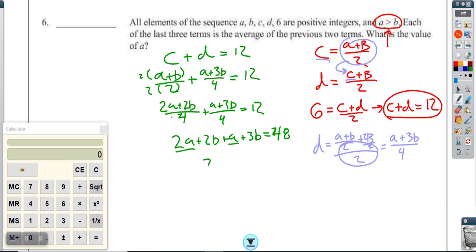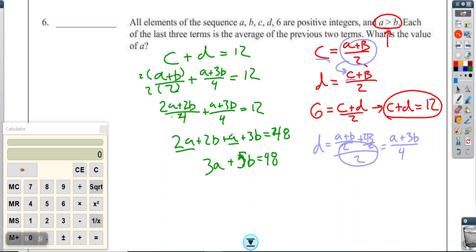So I have 3A plus 5B, that is the world's ugliest 5, is equal to 48. All right, so now we're looking for A and B values that would equal 48. So first thing I know is 48 is divisible by 3.